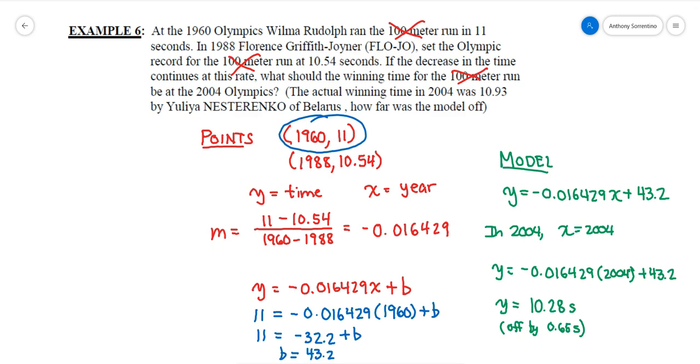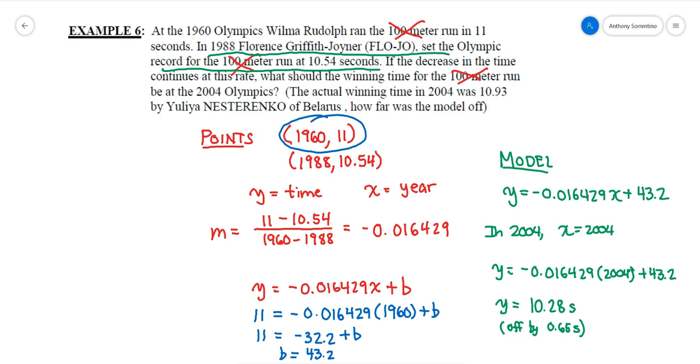The thing is, we would expect that a little bit because in 1988 she set a record, which means that that's something that doesn't happen very frequently. It's not a common time. It's not a common thing to happen. It doesn't happen every Olympics that someone breaks a record, or at least not for any one event. It isn't like every time there's Olympics, the record gets broken for any event.